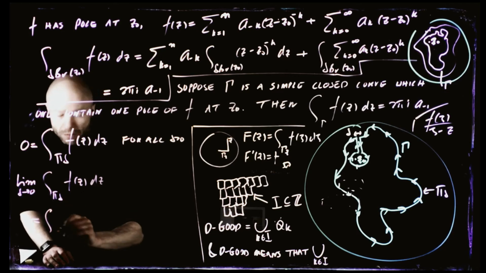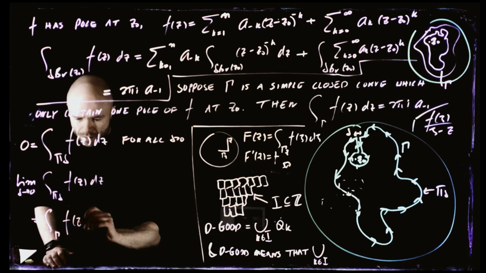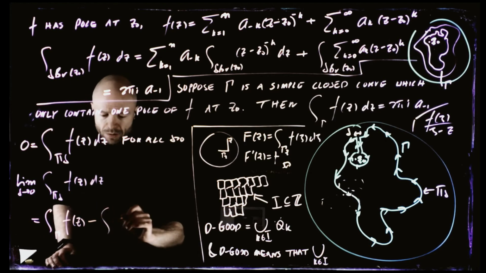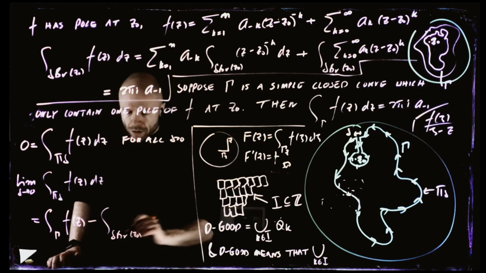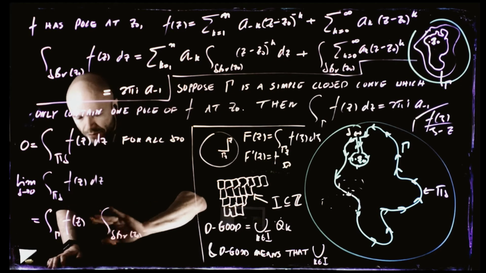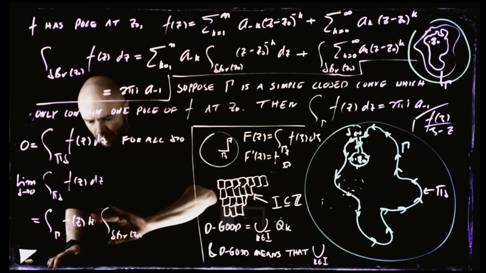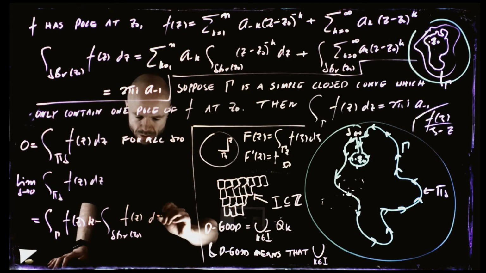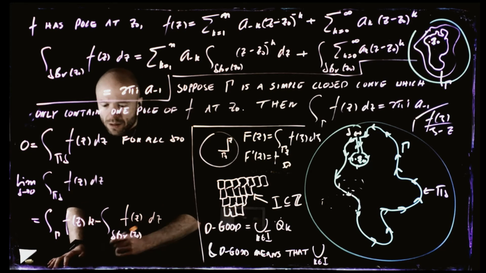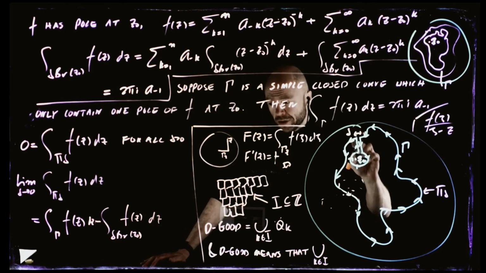This is equal to the integral around the outer contour, minus the integral around the boundary of the ball of radius around z0. So in particular, the integral around the outer contour just reduces down to the integral around the boundary of the ball, and we can make the ball as small as we like.